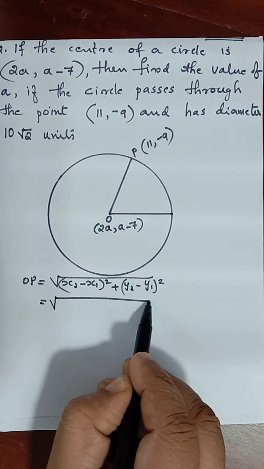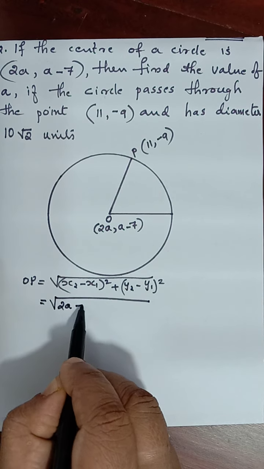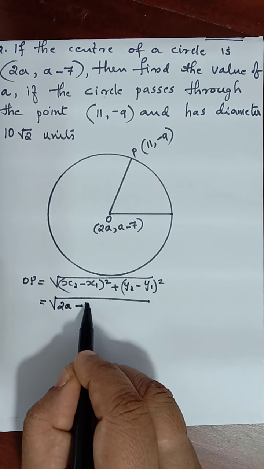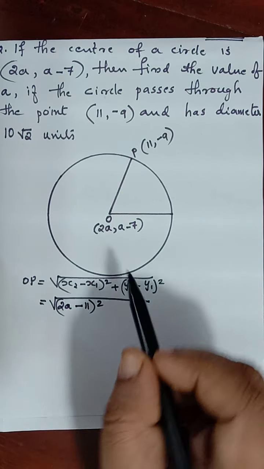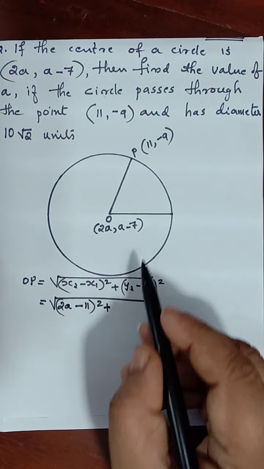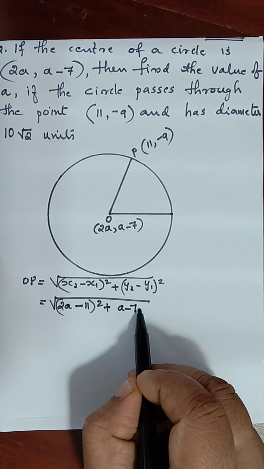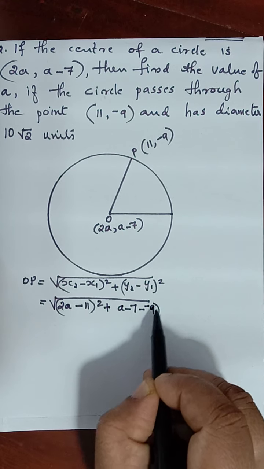Square root of (x2, 2a I am taking, minus x1, 11) whole square plus (y2, a minus 7, minus y1, minus of minus 9).